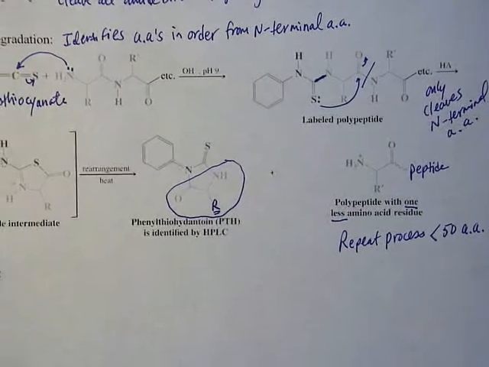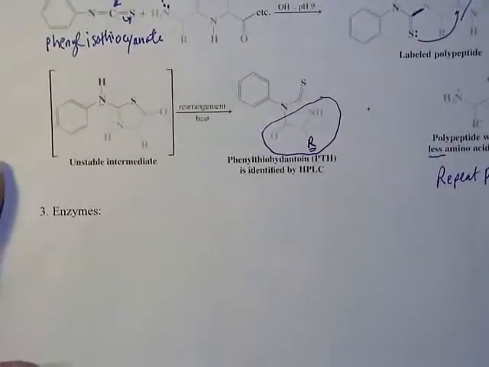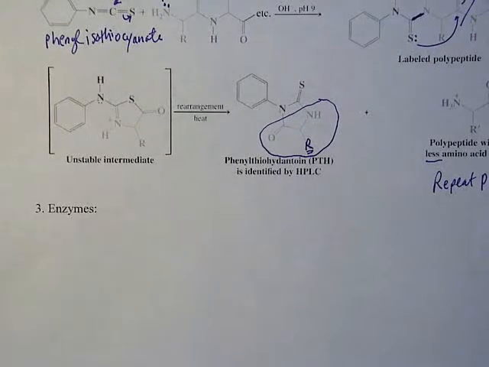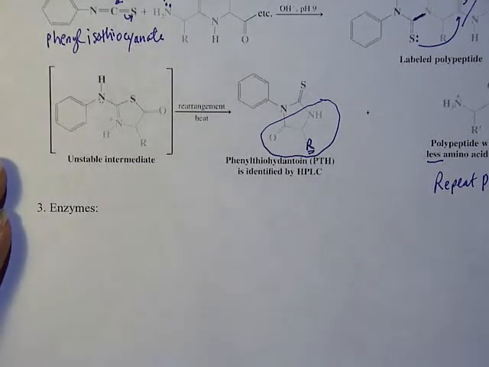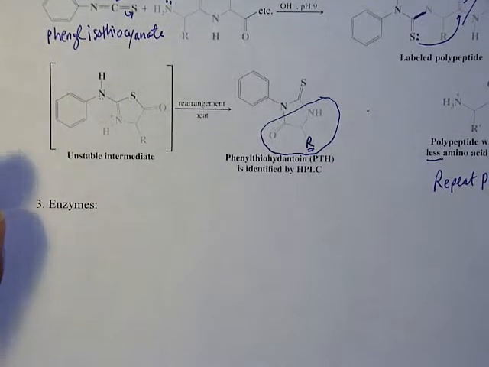Okay, now for peptides that have more than 50 amino acids, so much bigger proteins, this is not a practical way to do it. So the method of choice for anything bigger than 50 amino acids is to use enzymes. We take advantage of the fact that there are peptidases.